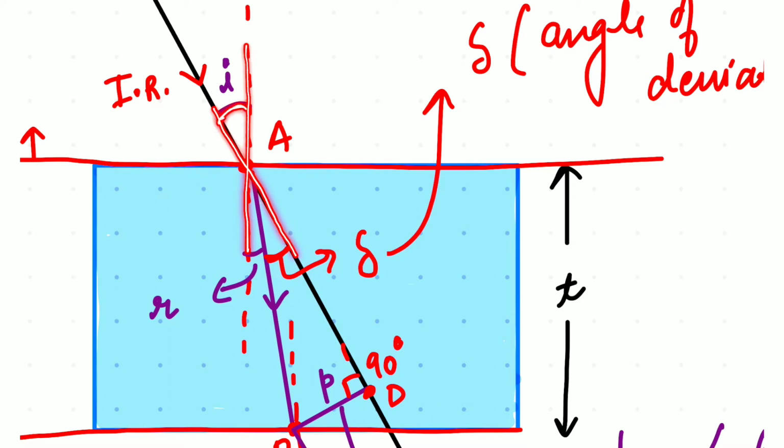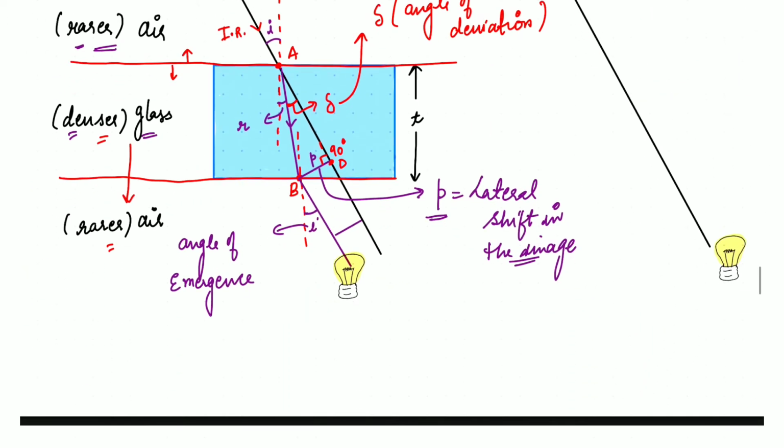Yes, these angles must be equal. Why must they be equal? Because of vertically opposite angles, right? So very nicely I can write here that angle i must be equal to angle r plus angle delta, right? Or you can say angle delta is basically equal to angle i minus angle r.